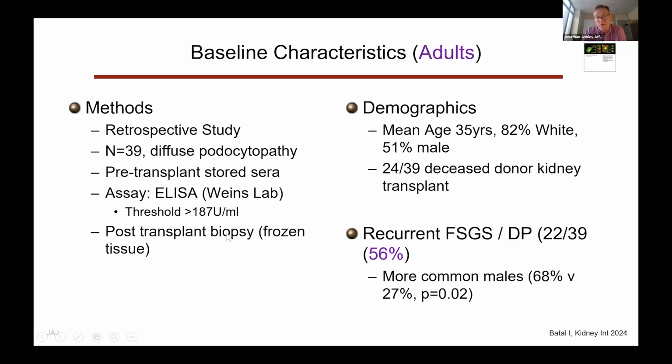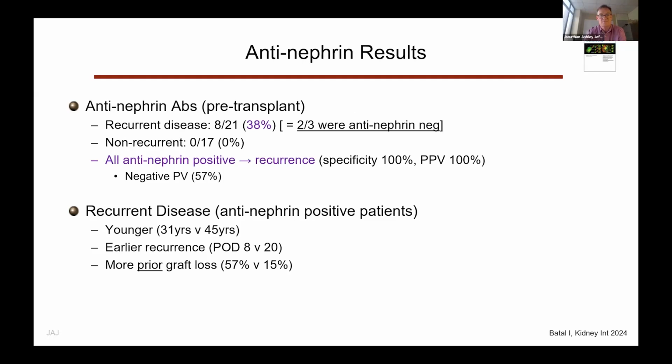They also had post-transplant biopsy tissue on 24 patients. These were adults, about 35 years old, and about 2/3 were deceased donor kidney transplants. As expected, about half the patients developed recurrent FSGS, something that we see commonly with FSGS.